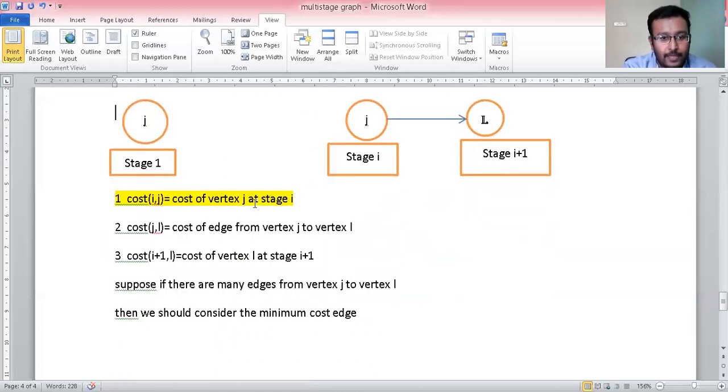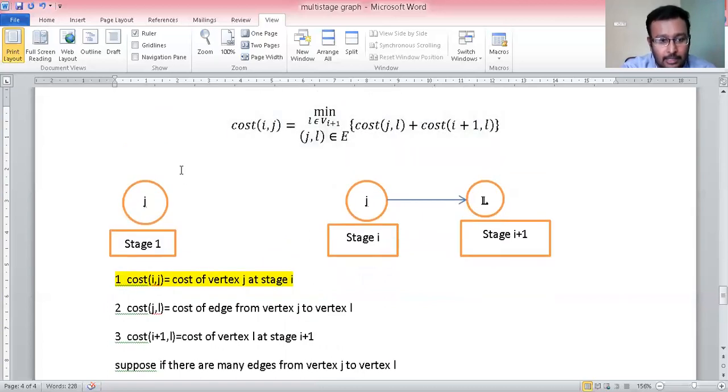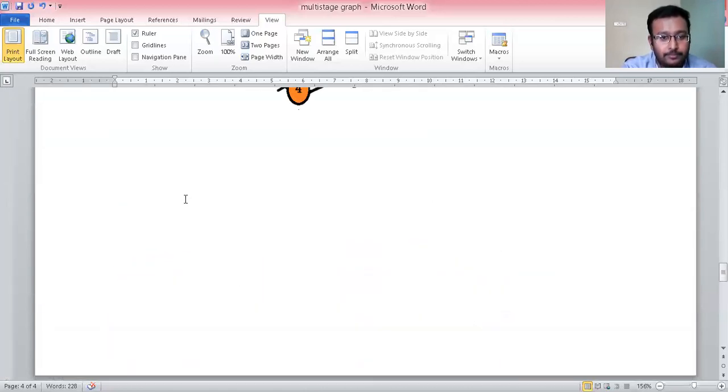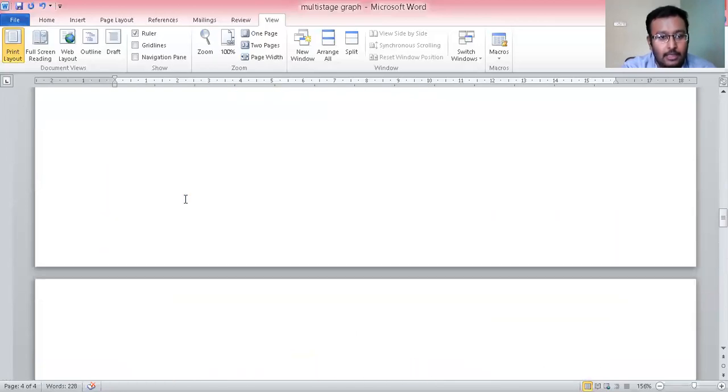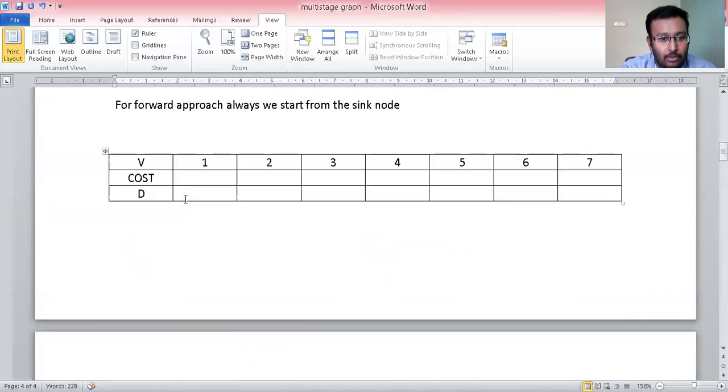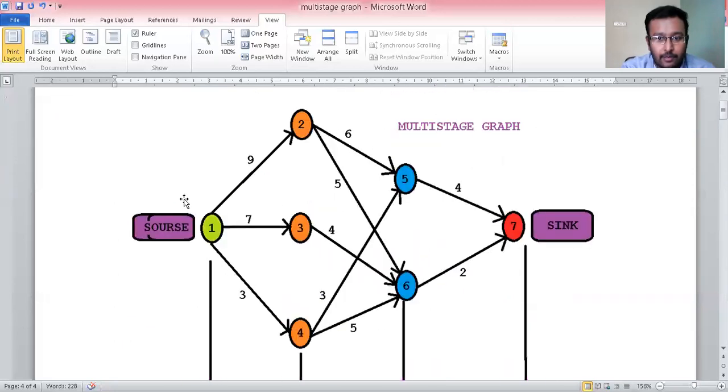So this is the formula explanation. Now going to the problem, always in the forward approach, you should start from the sink vertex, that is vertex number 7.